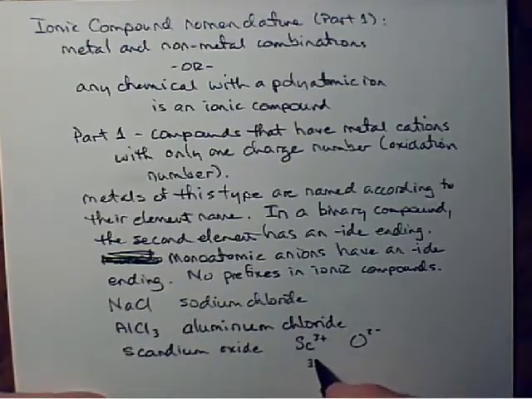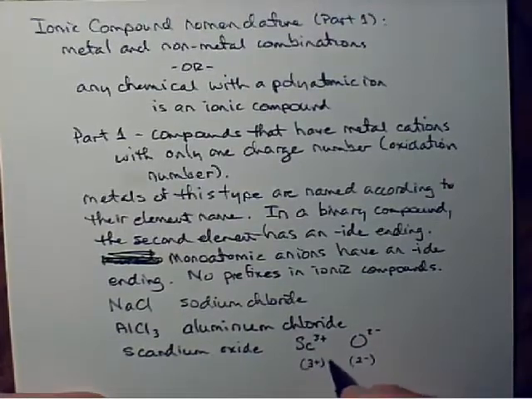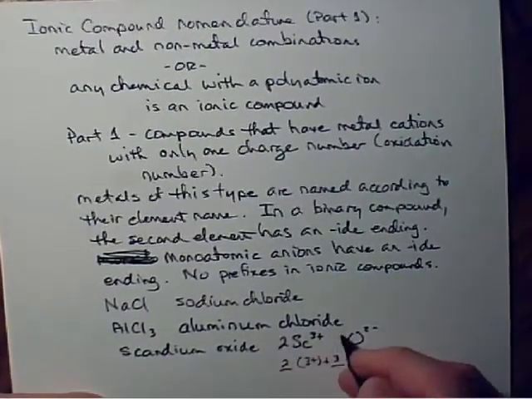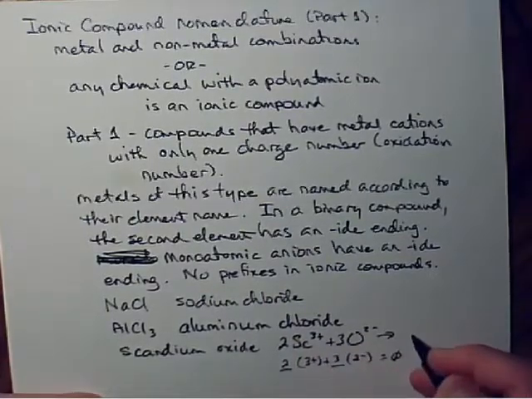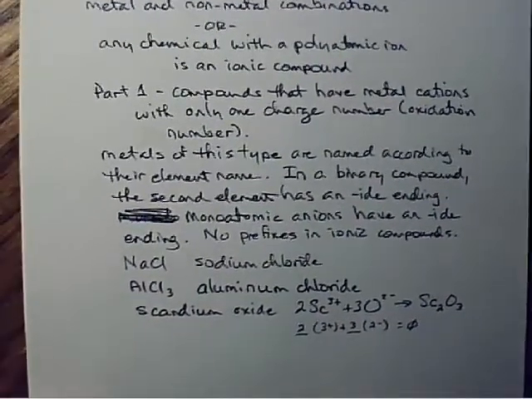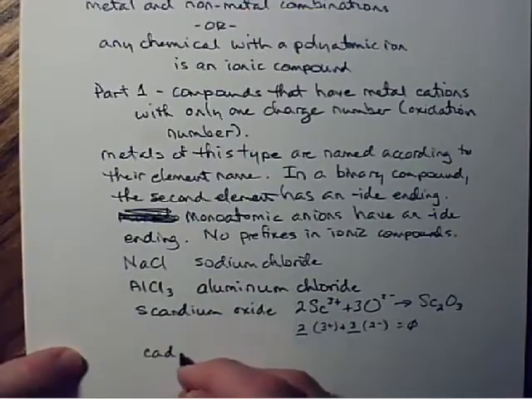So I have a 3 plus charge here, I have a 2 negative charge here. I need to know how many of each of these I need to get a 0 charge when I'm done. So I have a 2 and a 3. So I need 2 of these and 3 of these. So I get a formula that's Sc subscript 2, capital O, subscript 3. Scandium oxide. Try this one.